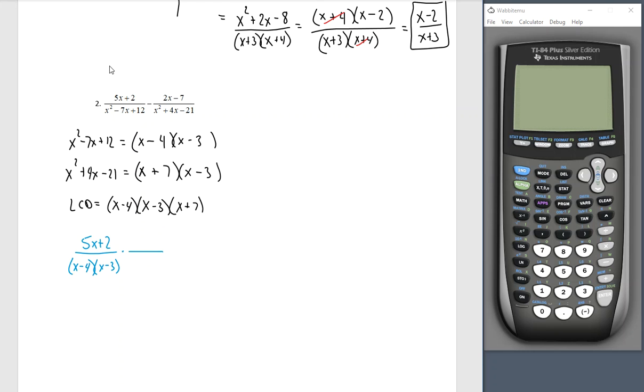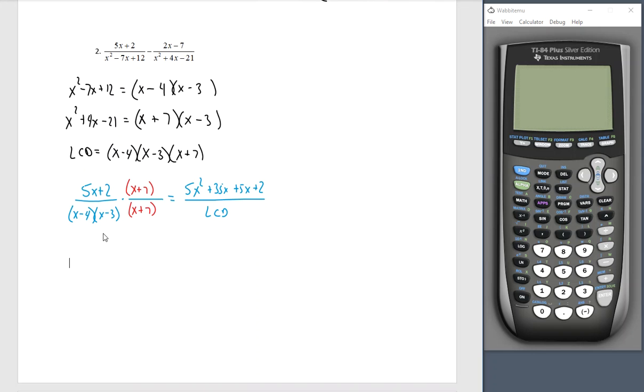We want to multiply by that x plus 7. And so let's actually multiply that out. 5x squared plus 35x plus 5x plus 2. And I'm going to call that the LCD now. Scroll up a bit.